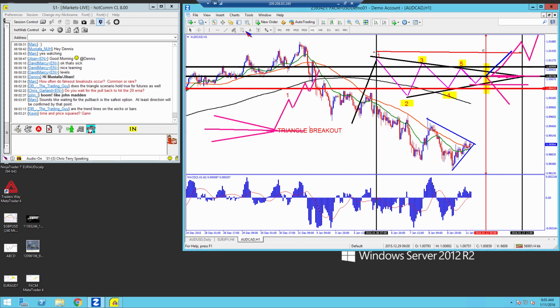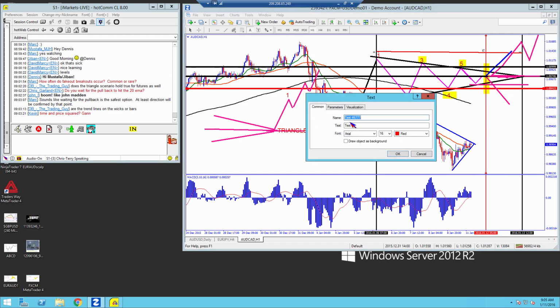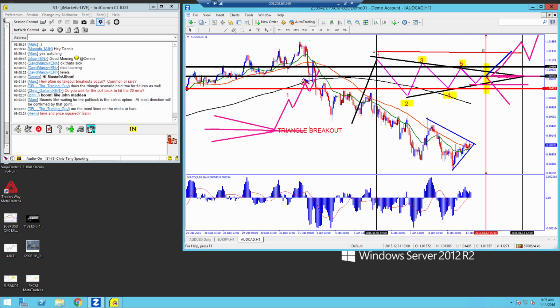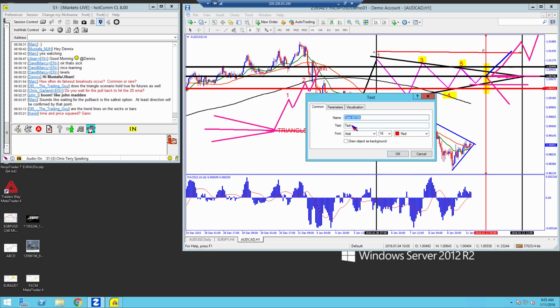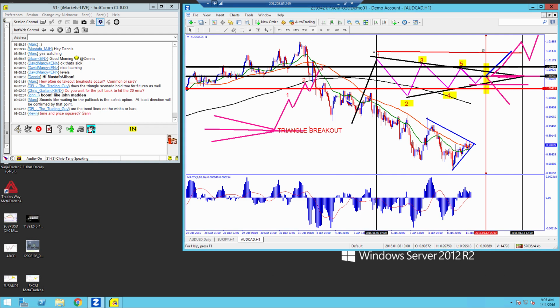1, 2, 3. So what typically will happen is you get these 3 drives to end the swing. 3 drives will typically end the swing.